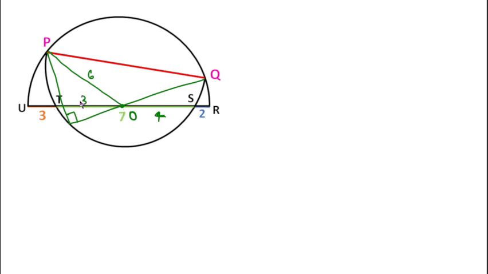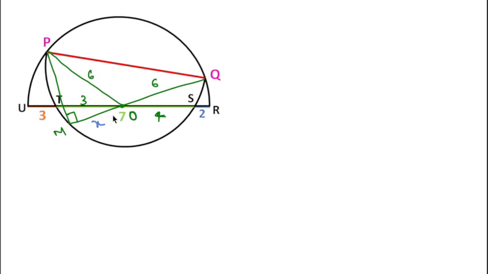Then 3 plus 4 becomes 7, and this OQ is also 6 unit, and I will consider this point as M, then MO, let's suppose, is X unit.